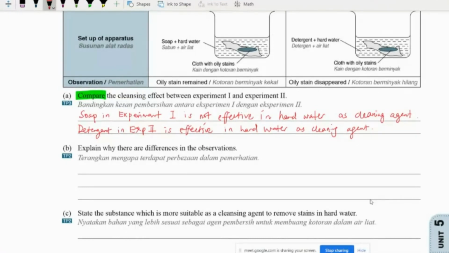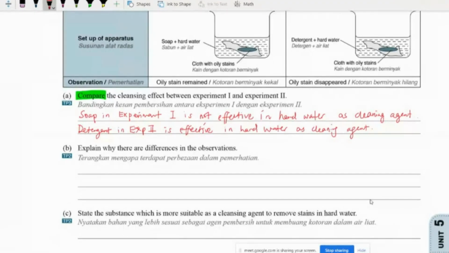Scum and soluble salt. Yes. What else can you mention? Basically, the one mentioned by Kelvin is the one mentioned in the answer. You can mention it in the answer.